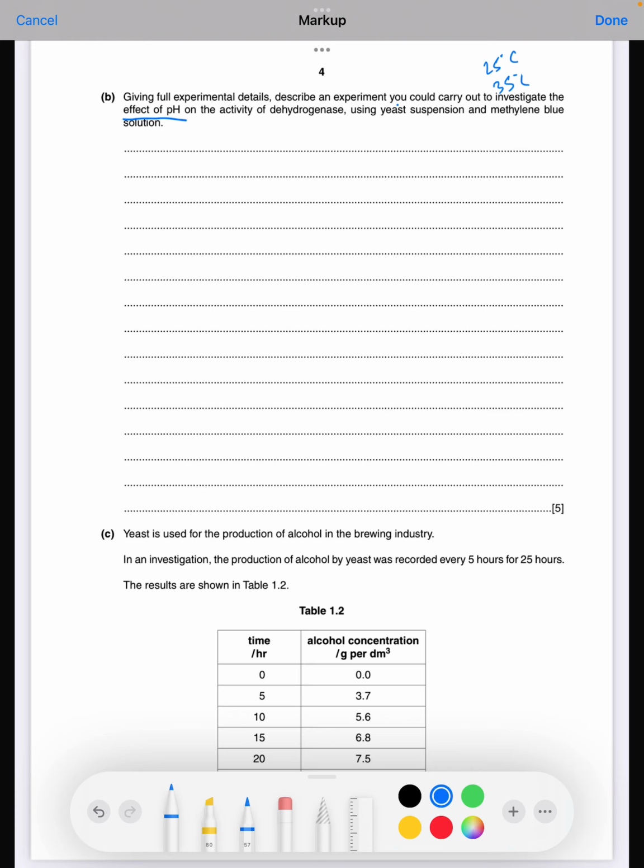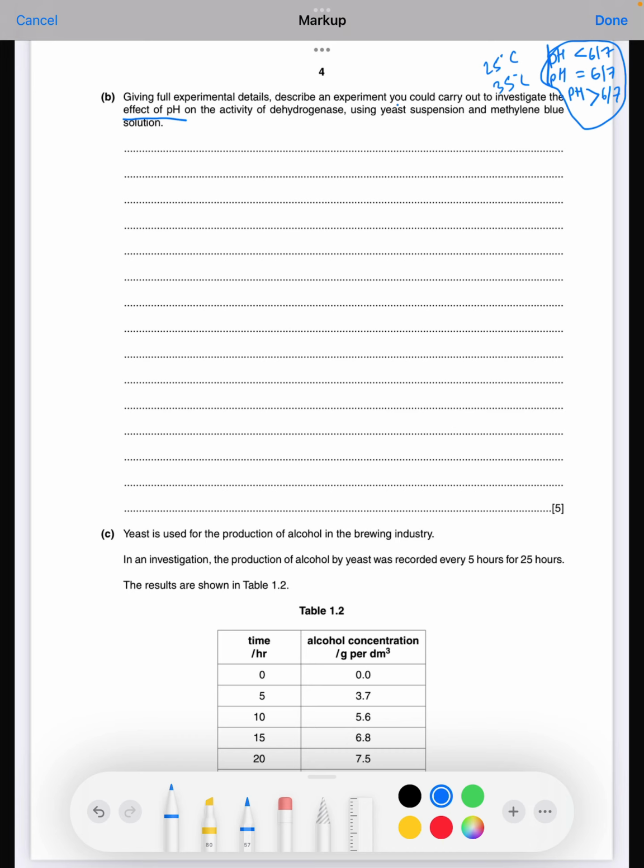For this experiment, I can choose maybe a pH less than 6 or 7, because 6 or 7 is neutral, and that is equal to 6 or 7, and maybe another pH that is greater than 6 or 7. Okay, so we now have to play with 3 different beakers, 3 different solutions.